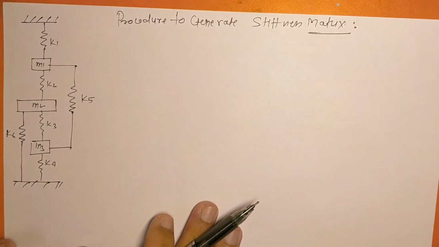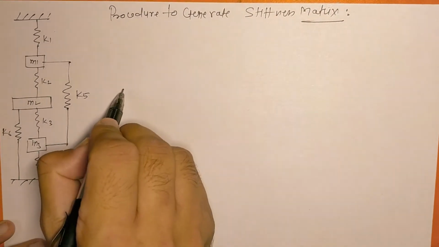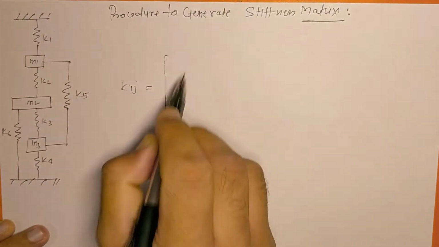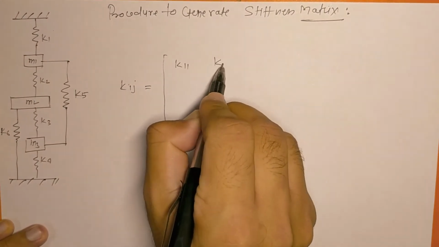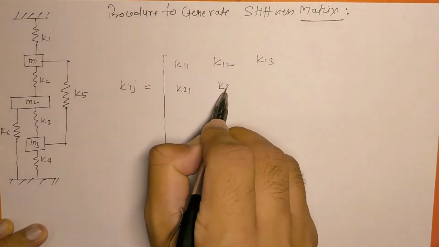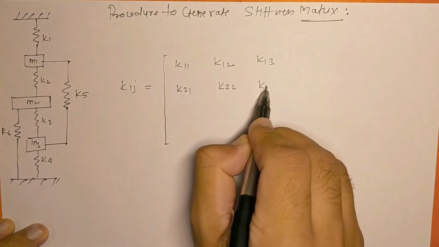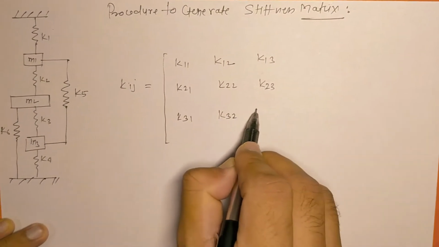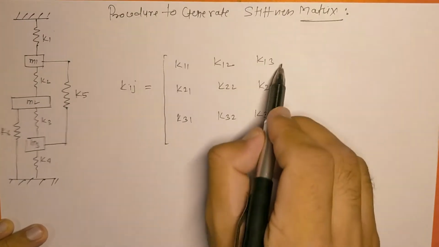So for this we know the stiffness matrix Kij is K11, K12, K13, K21, K22, K23, K31, K32 and K33.